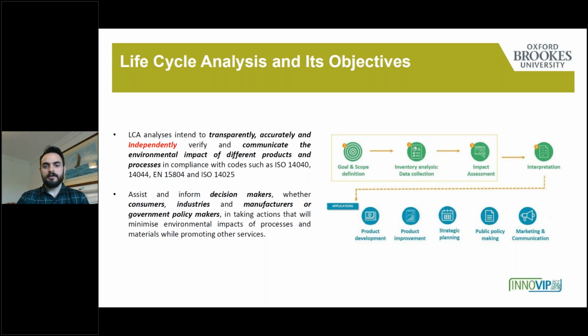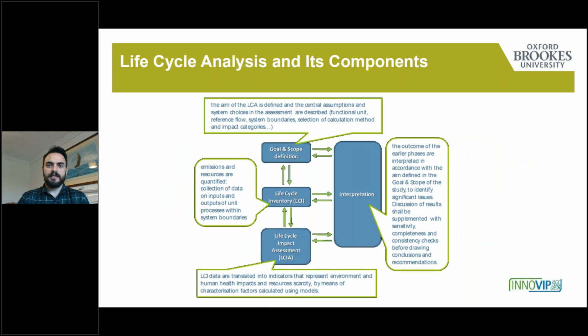What I'll do very briefly is explain the life cycle analysis and its components, and then I'll explain in detail later on in the presentation how we have dealt with different parts of this process. It generally has four main components. One is the goal and scope definition.